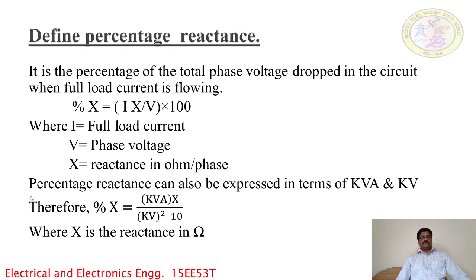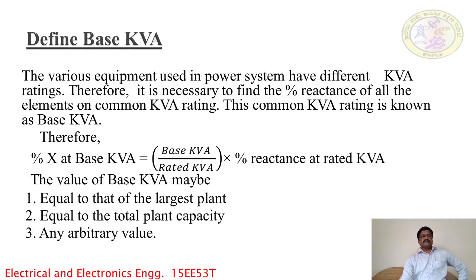So this is the derived formula for calculation of percentage of reactance in terms of kVA and kV. Here, as usual, X is the reactance, and kVA and kV are the respective ratings of the equipment in the transmission line.